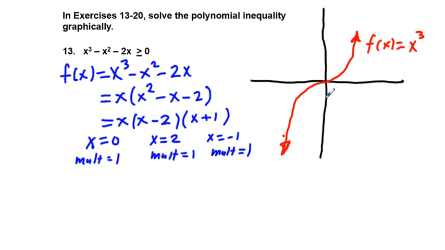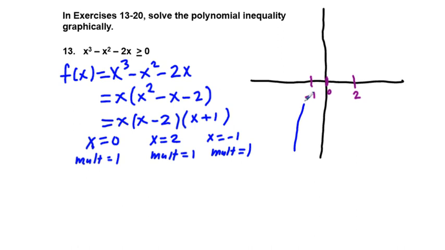Now, let me erase this here. With these zeros, we have a 0 for this function at x equals negative 1, at x equals 0, and at x equals 2. So negative 1, 0, 2. We start from below, from greater than negative infinity, going straight up.